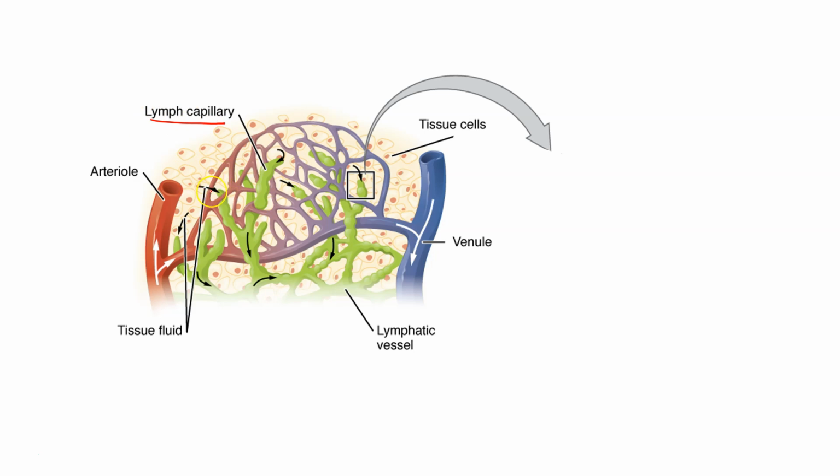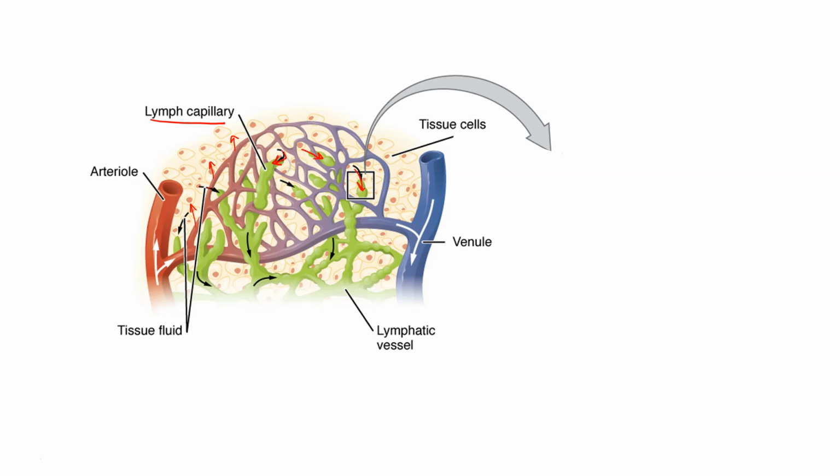Now, as soon as fluid leaves the capillaries, it's no longer called blood. Now it's called interstitial fluid, the fluid that exists between all of the cells. Any fluid that doesn't get reclaimed by the distal end of the cardiovascular capillary bed will likely find its way into the lymphatic capillaries.